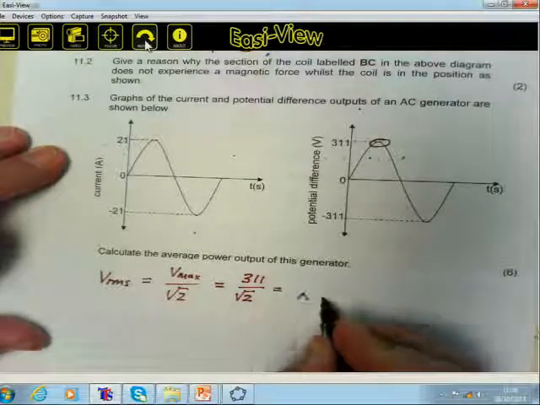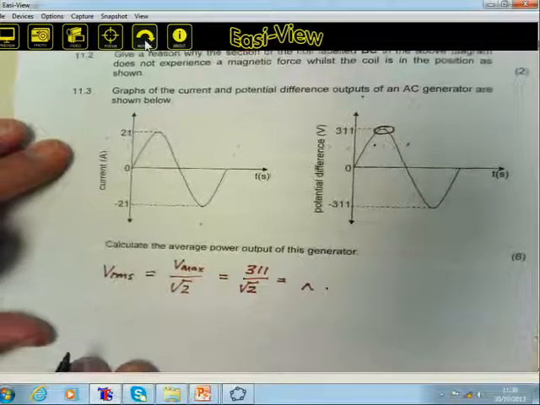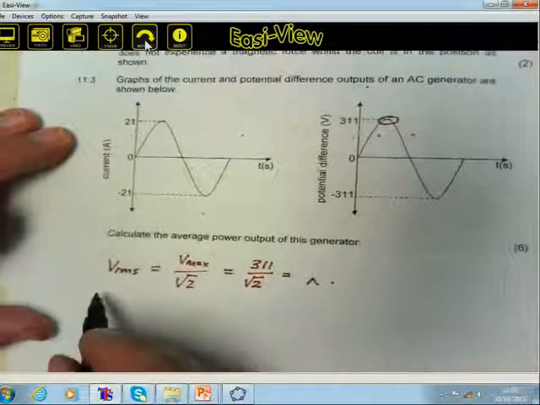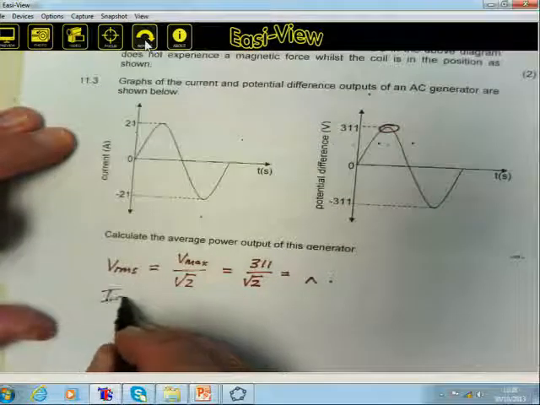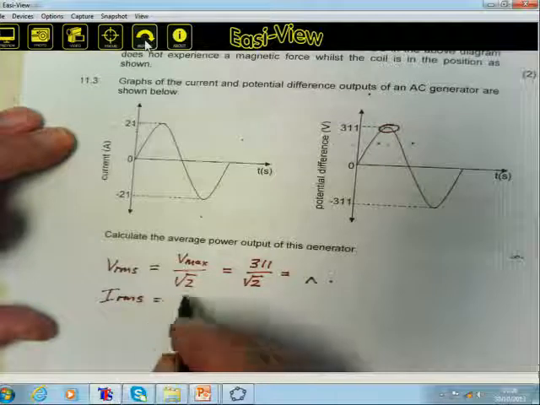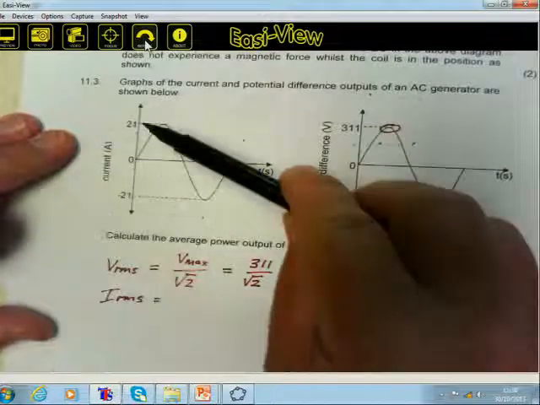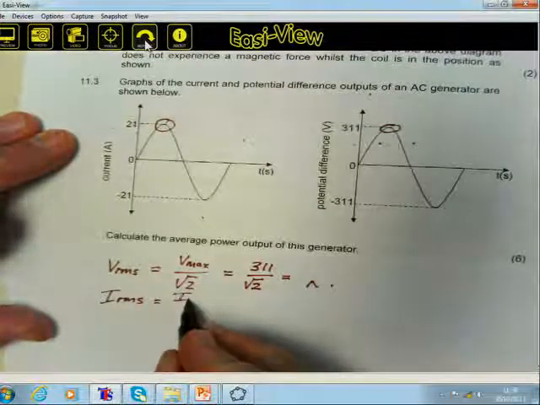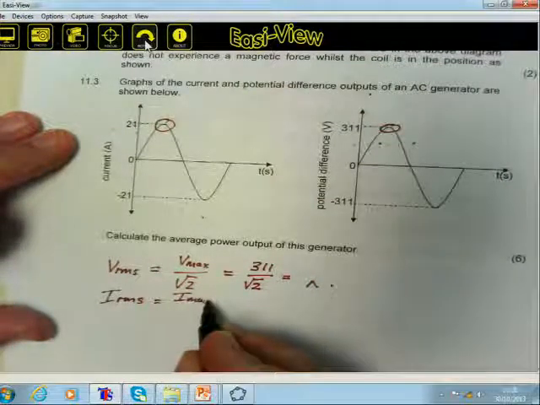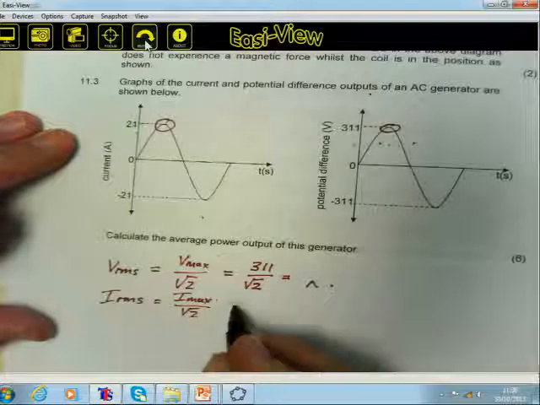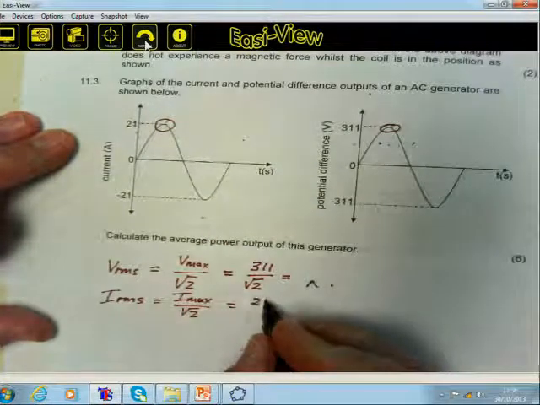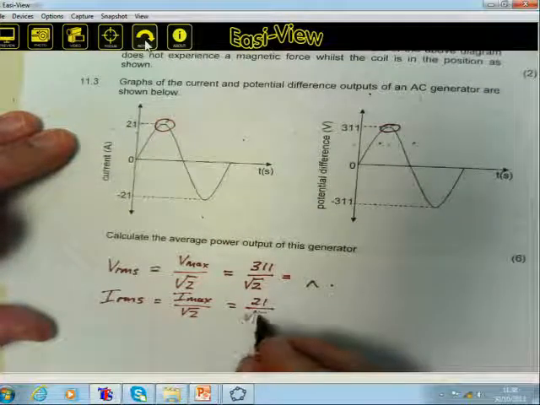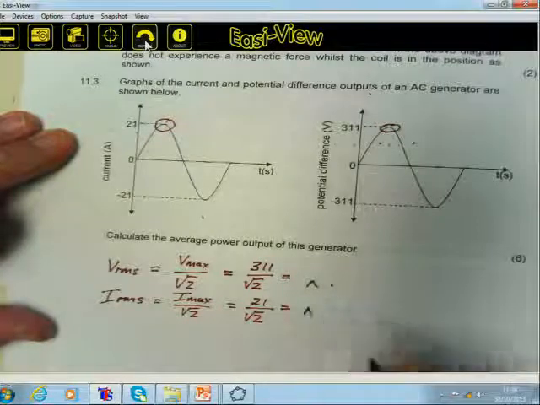And you get your answer. Again, IRMS you can calculate by making use of the value given here for Imax. So it is Imax divided by the square root of 2. So it is 21 divided by the square root of 2, and you get your answer.